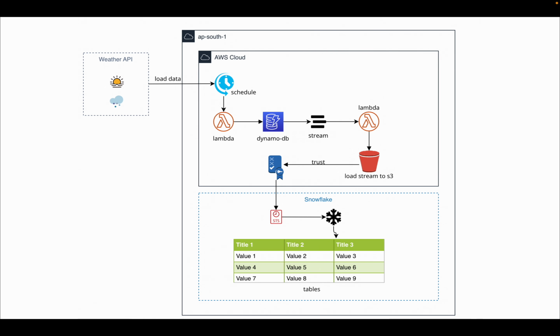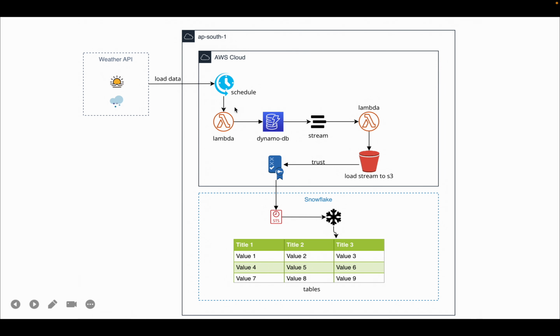So let's walk through every point once again. We created a weather API wherein we got an API key that helped us write a Python script that will fetch data from the weather API. Next, we created an EventBridge schedule that will trigger our Lambda function every 1 hour.